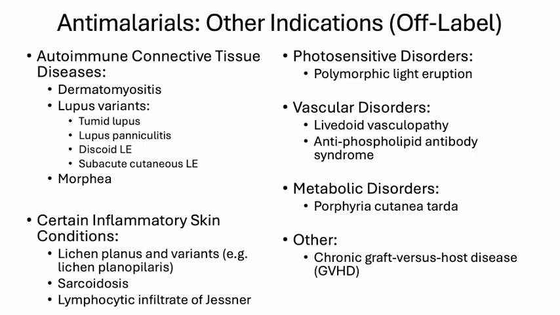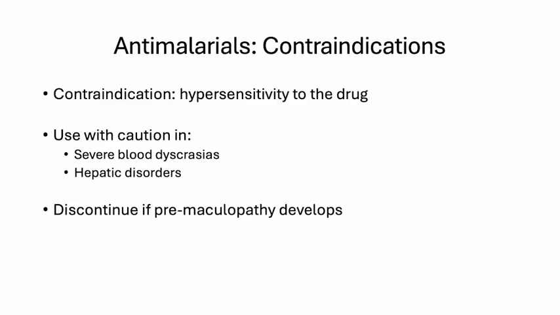It's particularly useful in disorders with significant lymphocytic infiltrates like lichenoid conditions, lupus panniculitis, polymorphic light eruption, and lymphocytic infiltrate of Jessner. The only true contraindication for antimalarials is hypersensitivity to the drug.